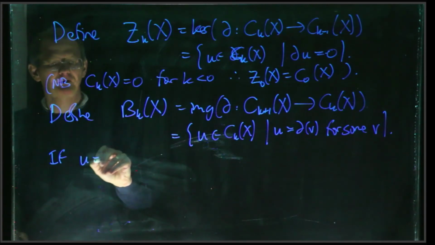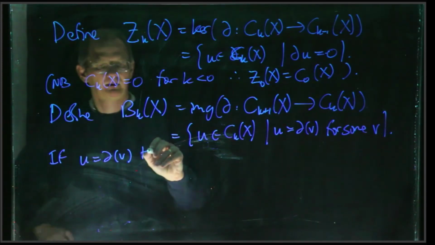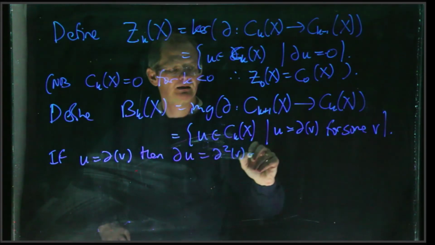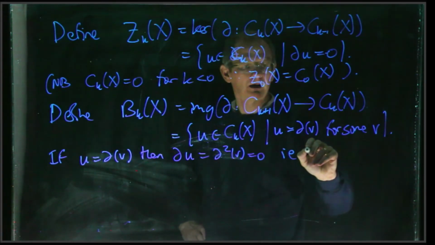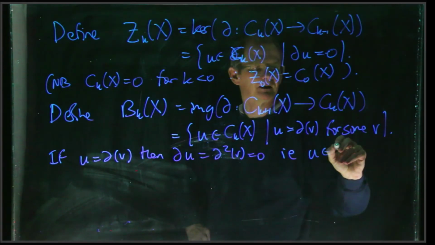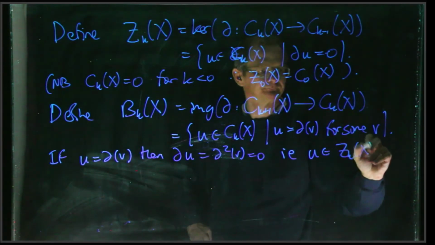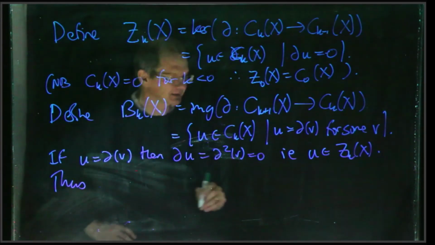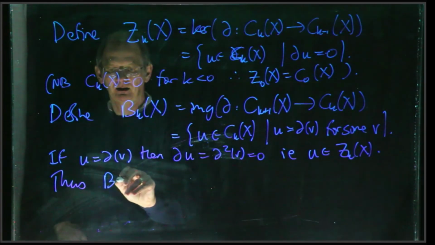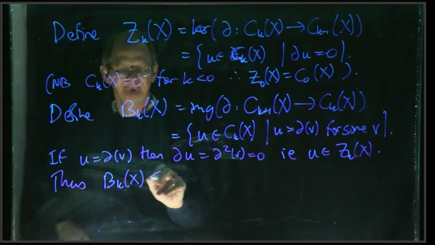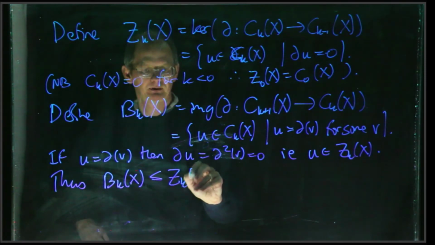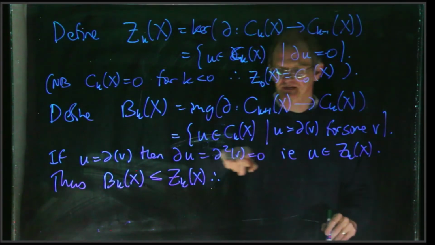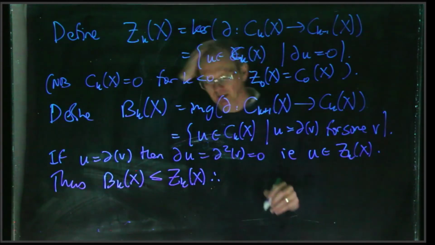Now, if u equals dv, then du is d squared v, which is 0, i.e. u is in Z_k(X). So this means that B_k(X) is a subgroup of Z_k(X). That's the key place where we use that d squared is 0.